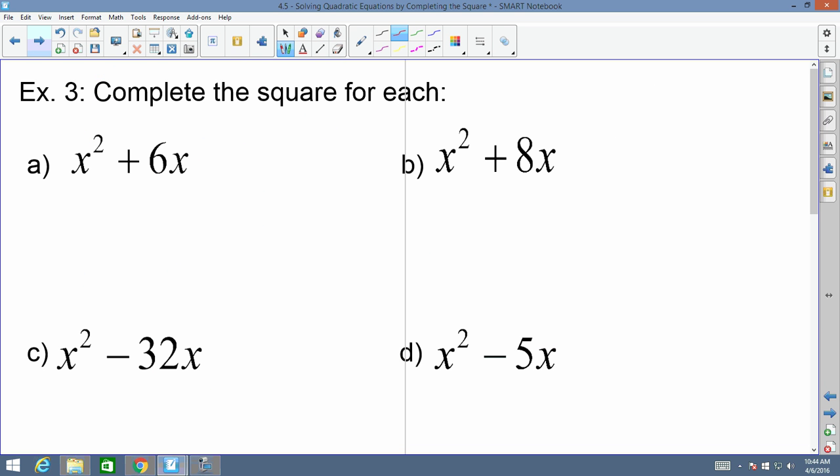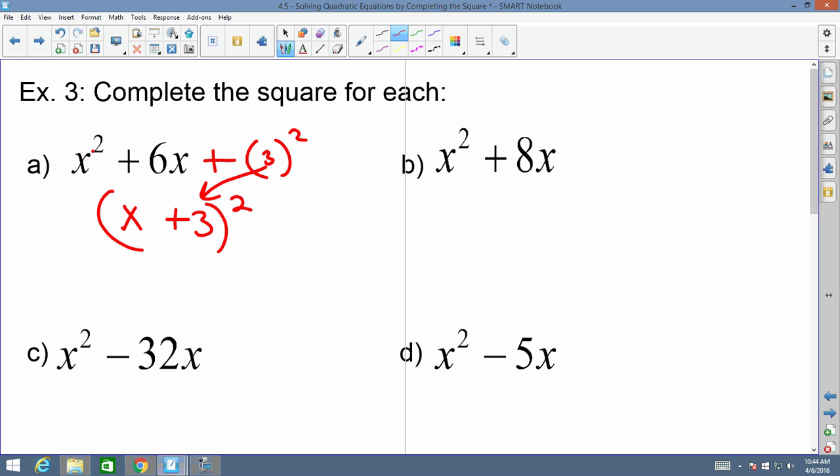Let's just complete the square. No, we're just completing the square. We have not solved anything yet, please. We're just learning the skill of completing the square. So I got x squared plus 6x plus b over 2 squared. So I take the first term, x, and then I take the inside term, which is plus 3 squared.